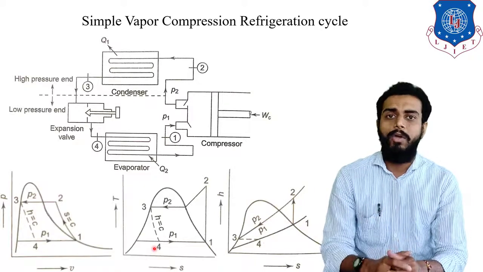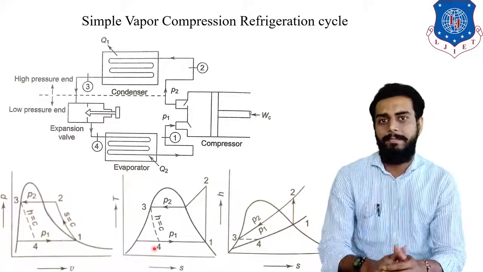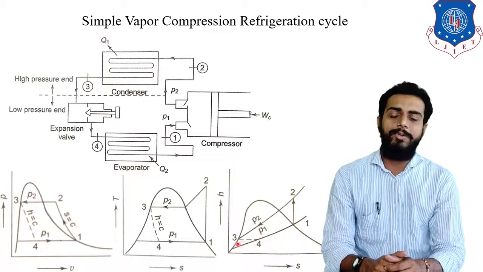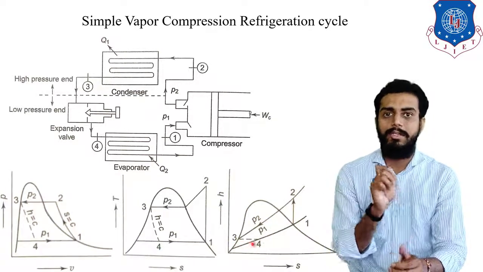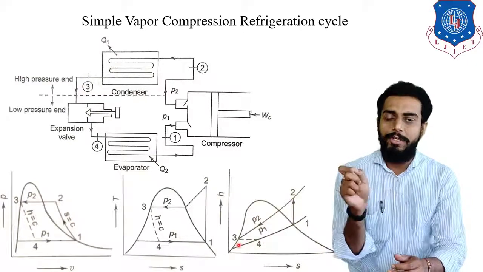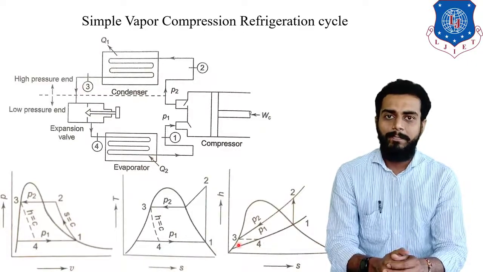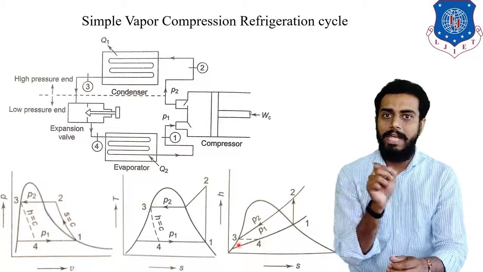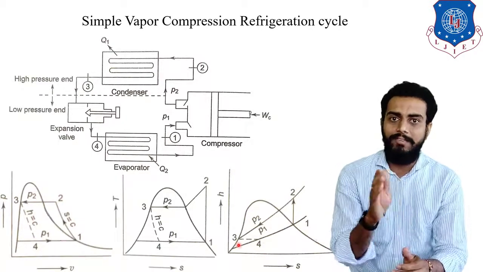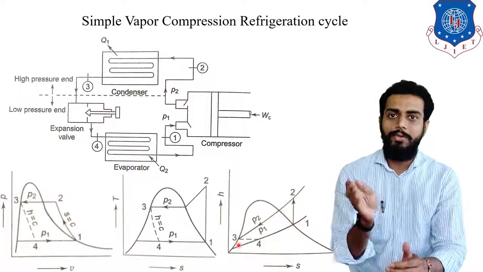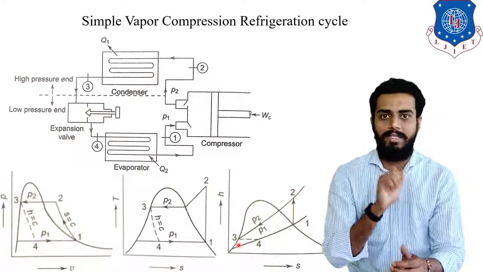And also observe now the HS diagram. So in HS diagram you can observe that from 3 to 4 the line is drawn as horizontal. The significance of horizontal line is what, students? That enthalpy for 3 and 4 both points will remain same, and the meaning of that thing is what? 3 to 4 is isenthalpic process.